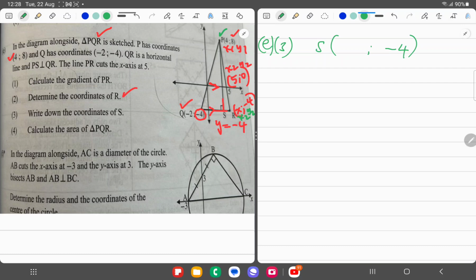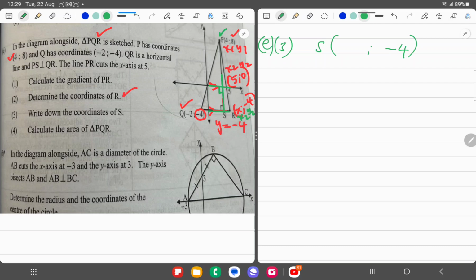Also, this angle is 90 degrees, because this line is perpendicular to a horizontal line, and the x-axis is also horizontal, so this line is perpendicular to the x-axis as well.